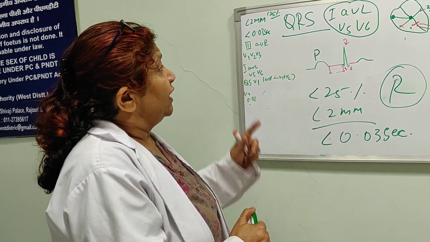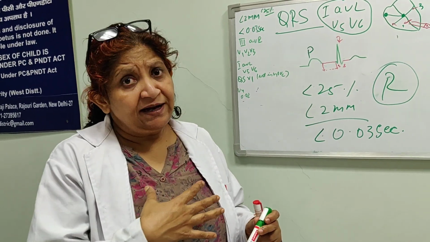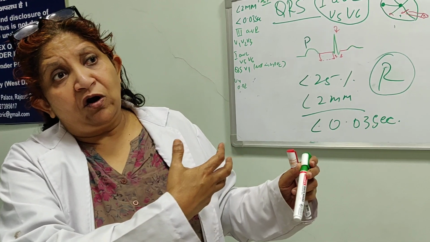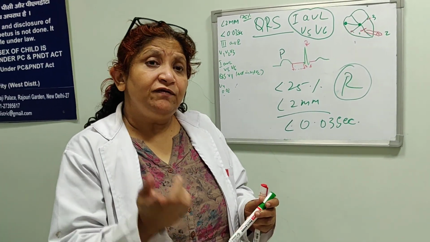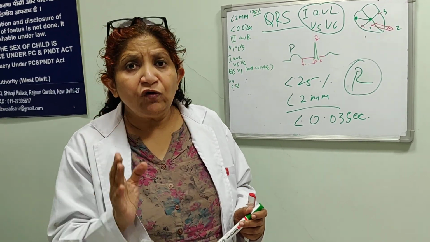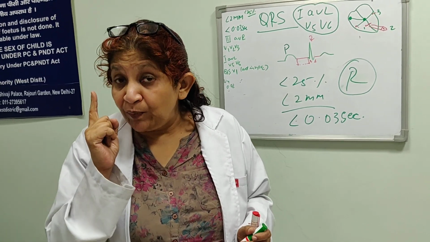Then in V1, V2, V3, since V1, V2 are right sided leads on the septum, they are recording the septal depolarization as a positive deflection, right? So in V1, V2, V3, they should not have Q wave. So Q wave in V1, V2, V3, especially in V2, V3 is abnormal.